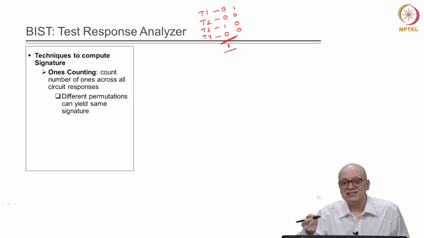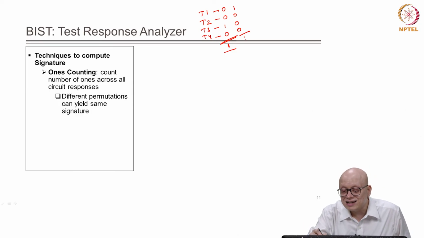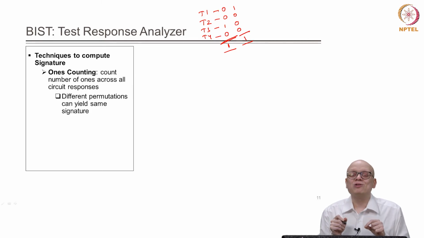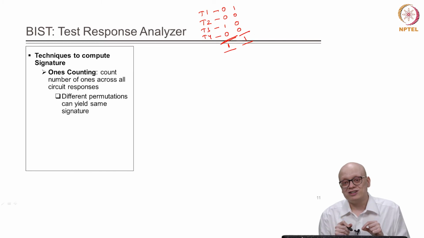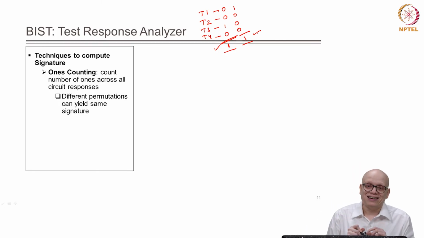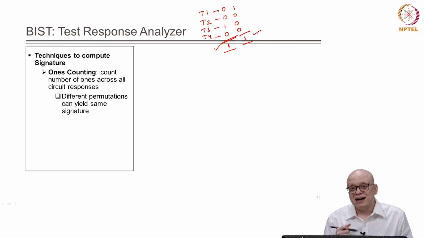Now, in this case the number of ones is still 1. So, the responses are not matching, but the number of ones in the response is matching the fault free circuit, and therefore, we will consider these two circuits as fault free, which is wrong, and this occurs because of aliasing. So, ones counting is not a good method of computing the signature.